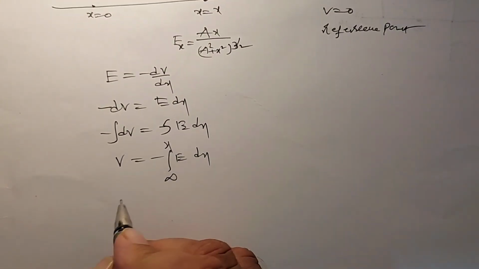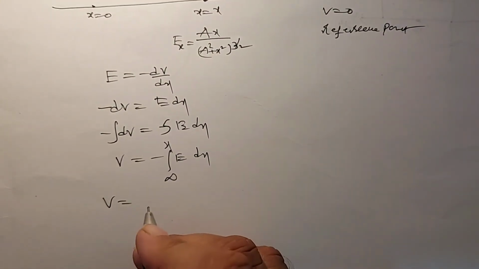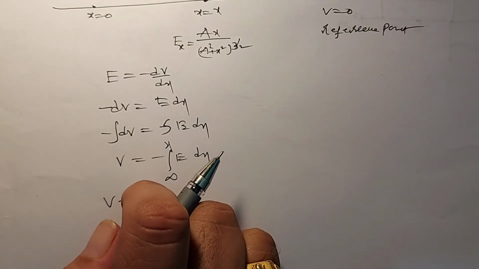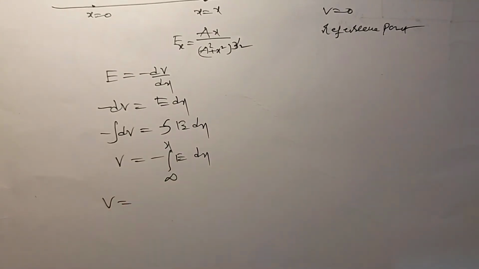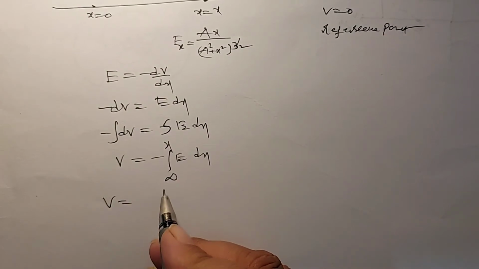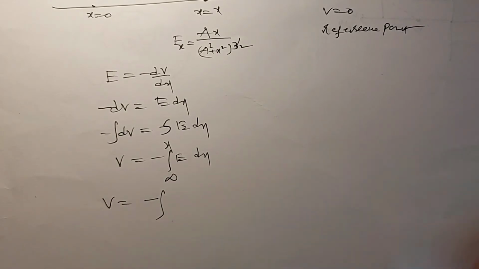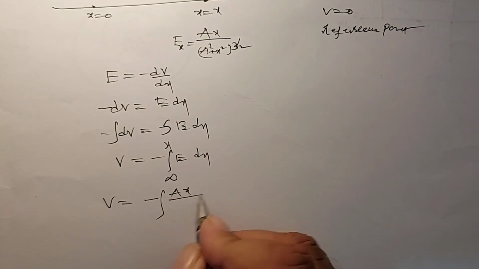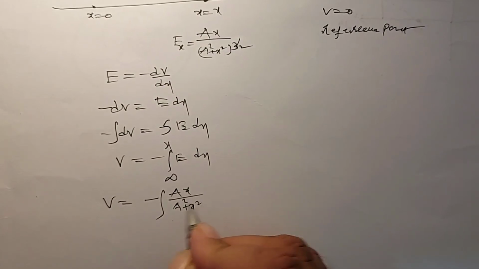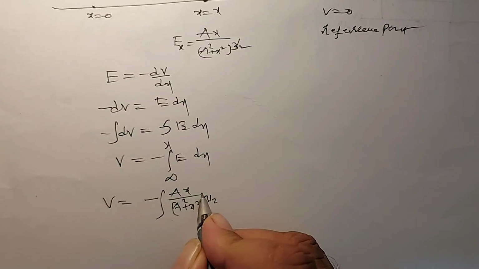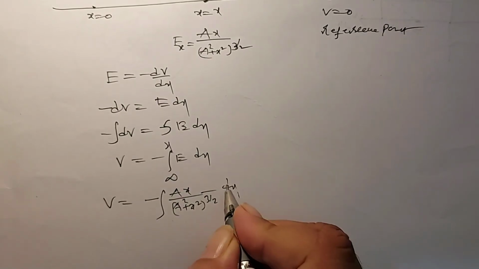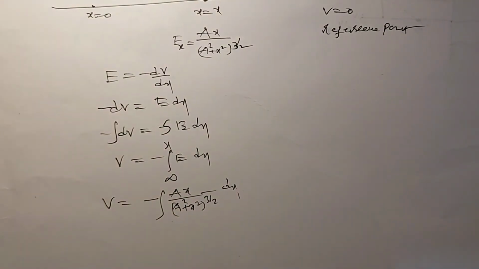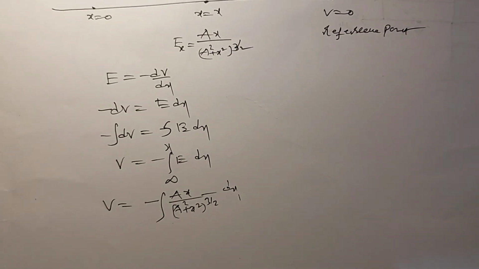Now V is equal to minus integration of, what is the value of E here, a into x by (a square plus x square) whole power 3 by 2 into dx. Now we are going to integrate this equation.